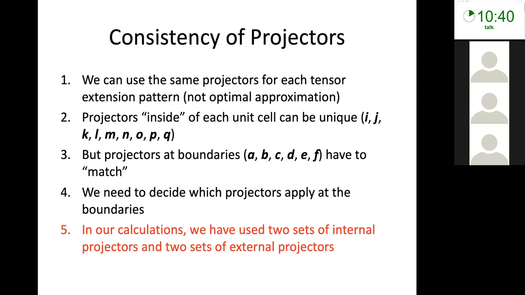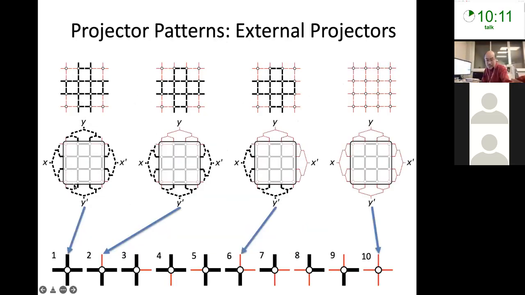So let's talk about the external projectors on these 4 examples. And here we just use the external non-homogeneous projectors, which are denoted by black thick dashed lines, when truncating these black legs, right? And these are obtained and optimized on this first pattern.